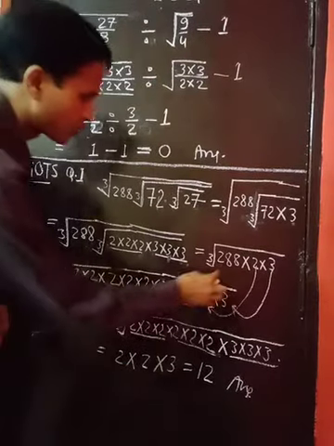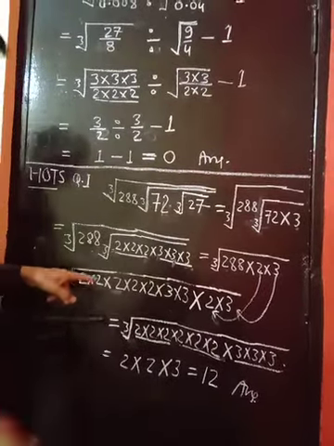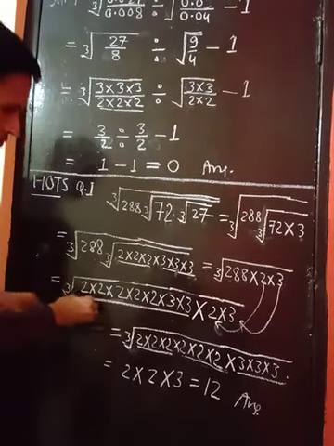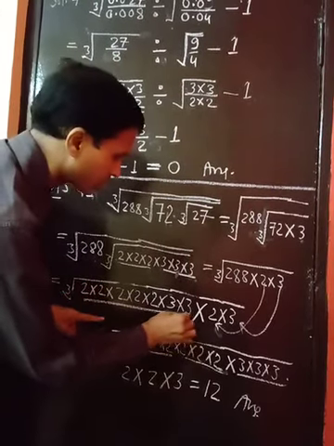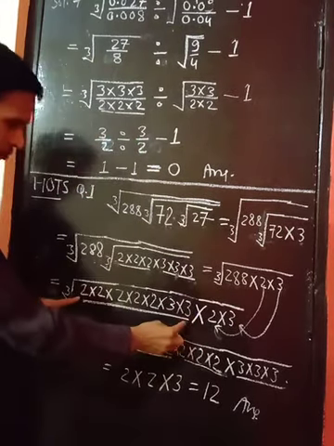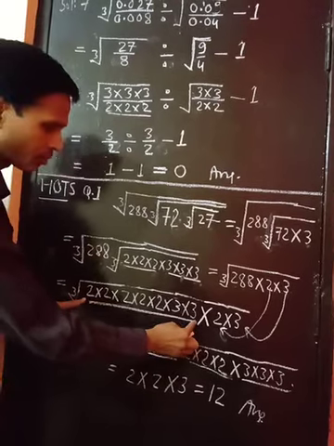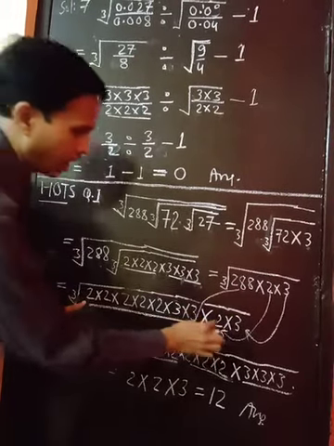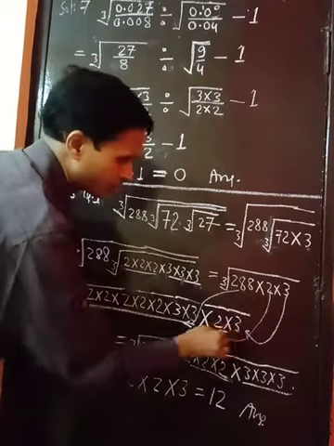So next step, the prime factorization of 288 is from here to here. And this 2 and 3 are the 2 and 3 from before.